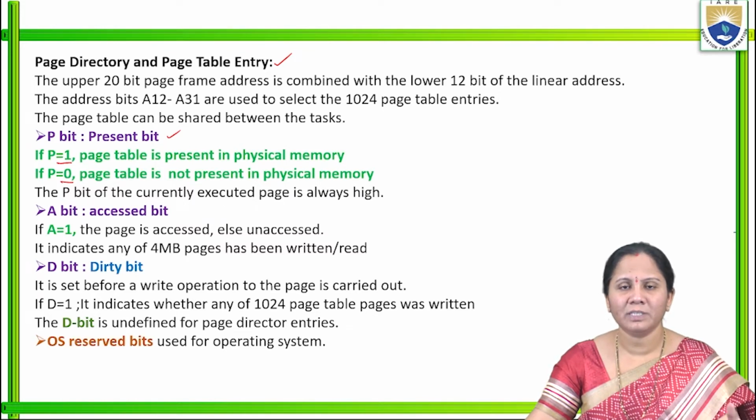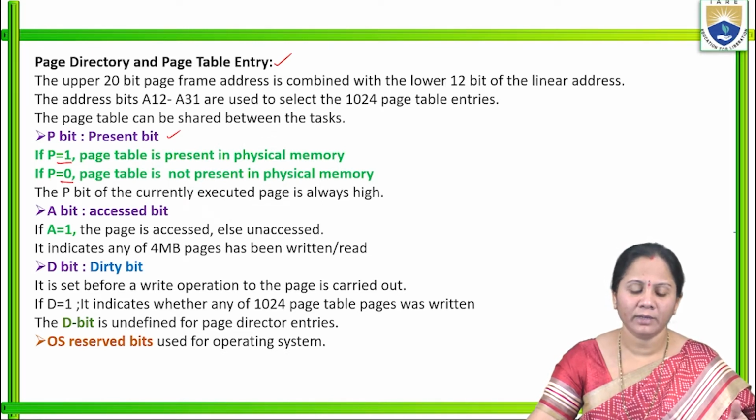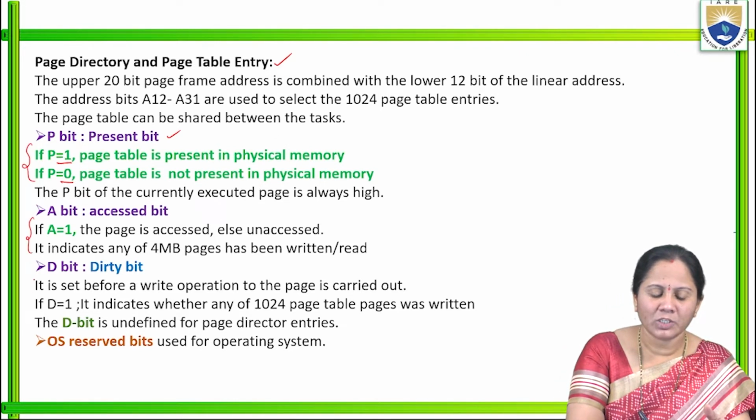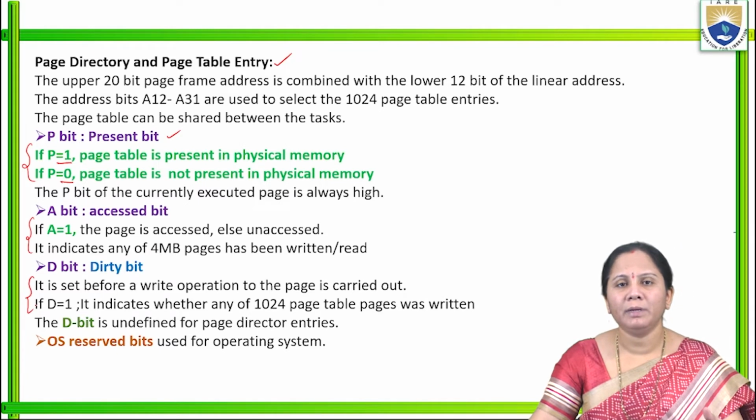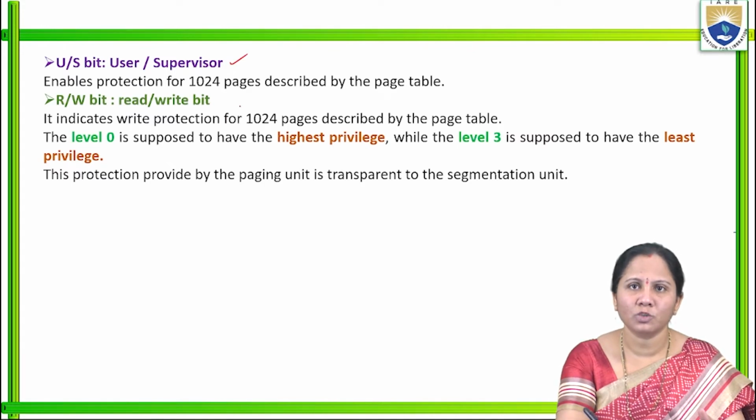All these are different bits that are available among the 32 bits of page directory and page table entry. And we have to consider each bit's function when it is enabled and when it is disabled. Another bit is U by S, that is user and supervisor, and R by W, that is read write.